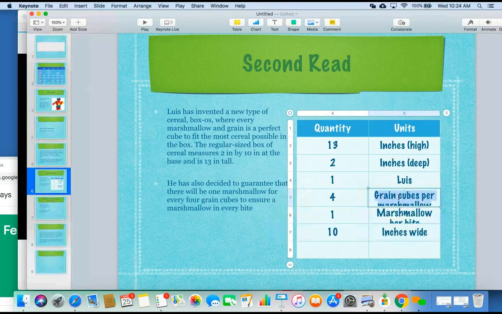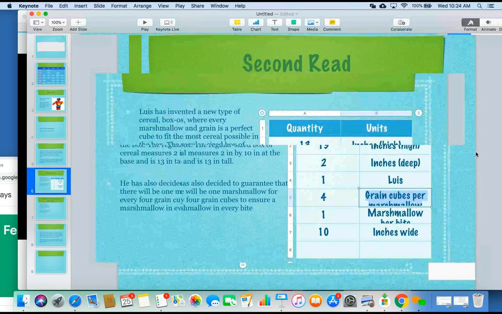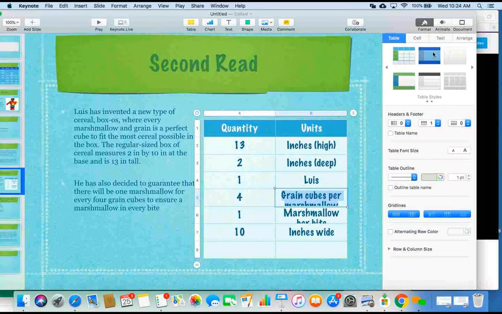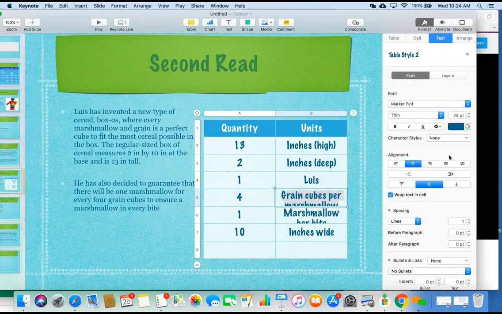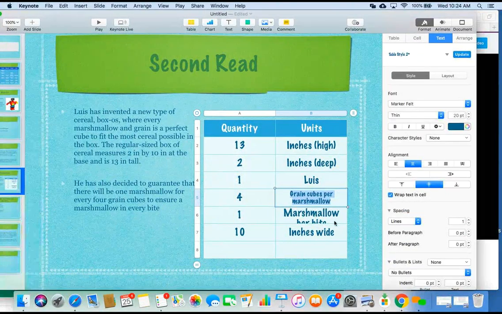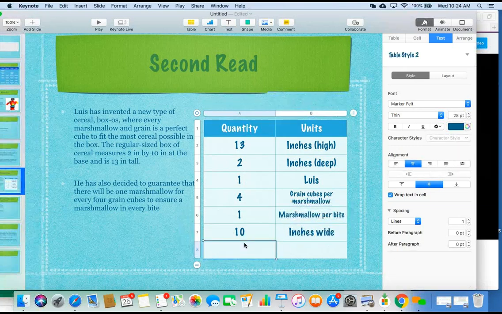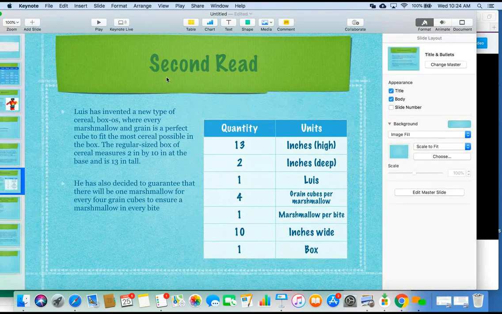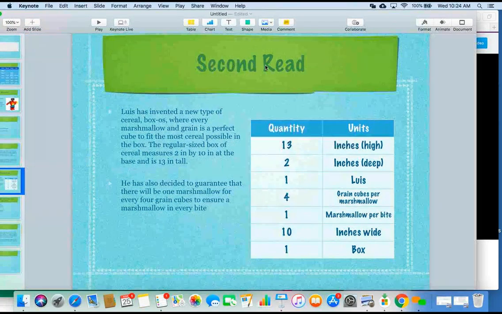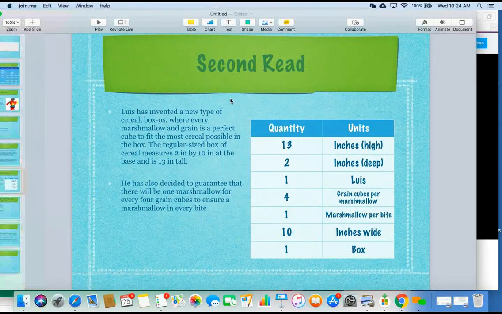Are there any others? Did I miss any? If I missed yours, please retype it into the chat. Did I miss any other quantities? I think we have the 10, we have the 14. 1 cereal box. Thank you, Enzo. We always forget that one. 1 spoon is not in the problem, so we're not sure how many spoons are here. That might be a non-mathematical question we could ask.